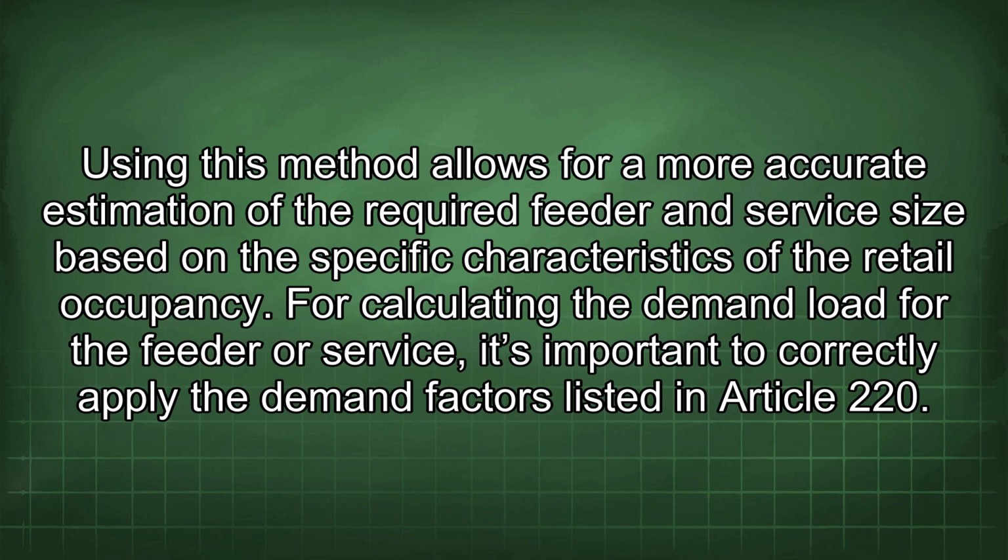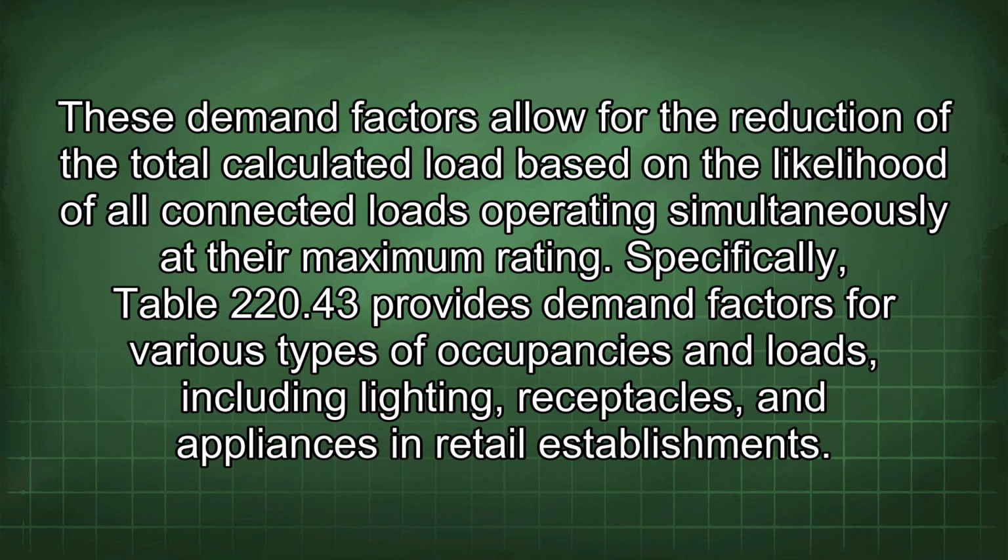For calculating the demand load for the feeder or service, it's important to correctly apply the demand factors listed in Article 220. These demand factors allow for the reduction of the total calculated load based on the likelihood of all connected loads operating simultaneously at their maximum rating. Specifically, Table 220.43 provides demand factors for various types of occupancies and loads, including lighting, receptacles, and appliances in retail establishments.